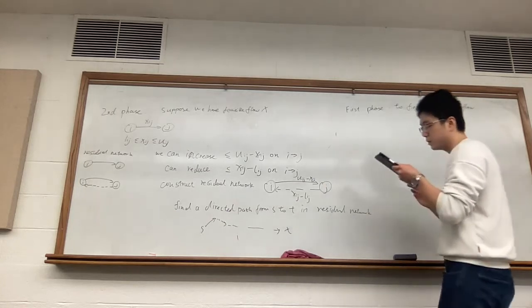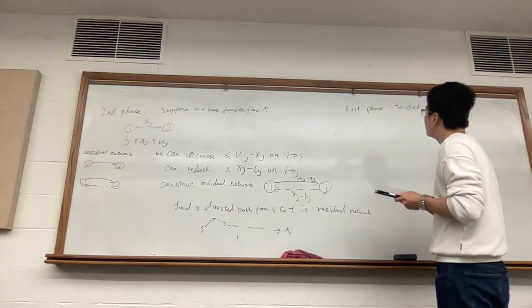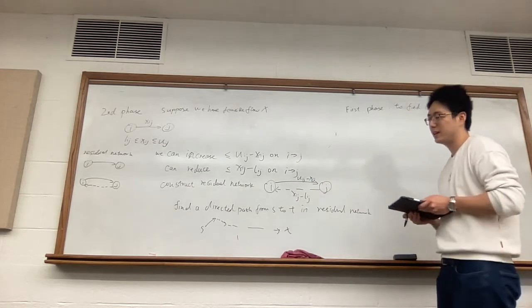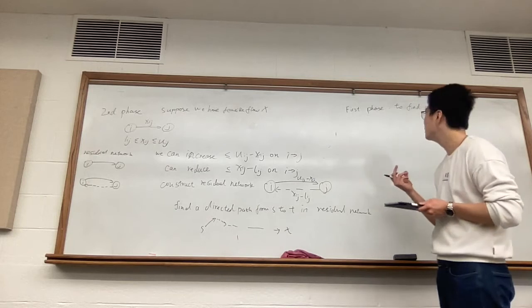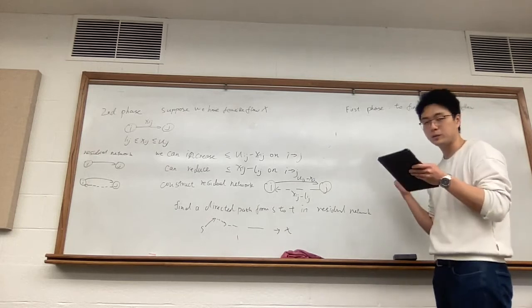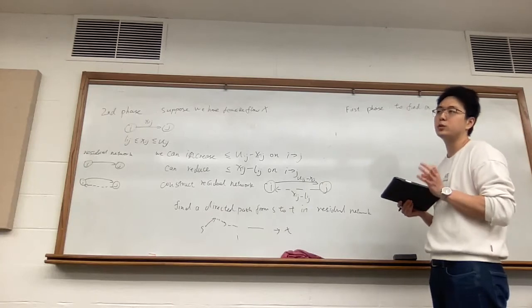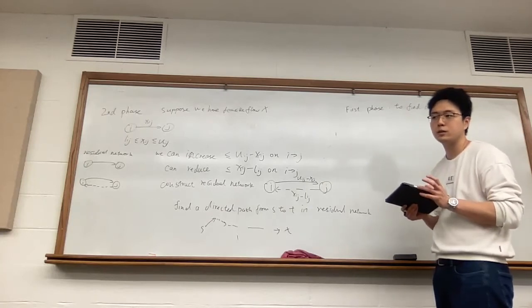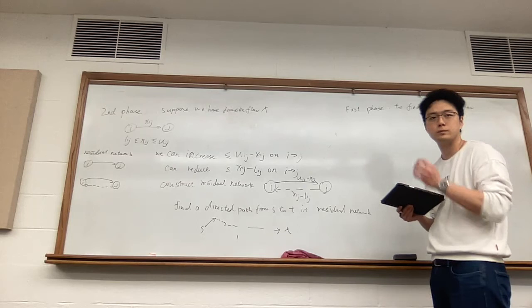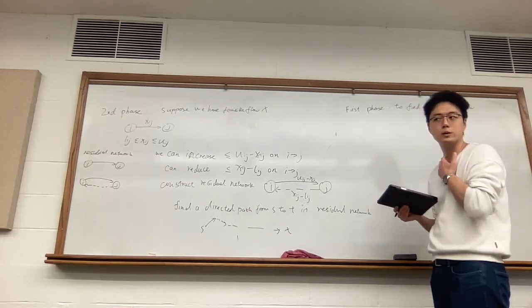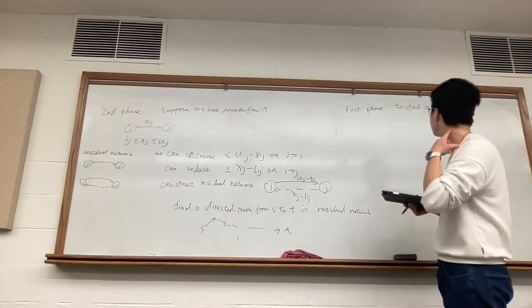Also, I'll give you 1 minute to think, just a brainstorm. How can you find a feasible flow? So the hint is that you need to make some transformation to the network. So how can we find a feasible flow?